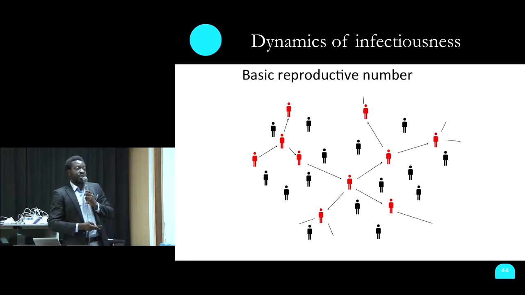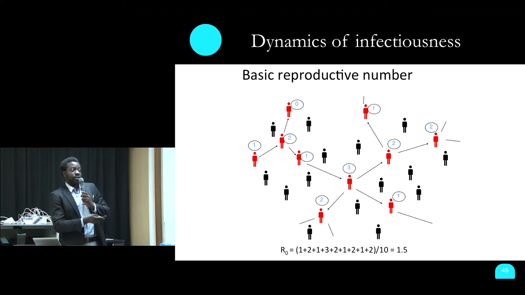How do we measure that? For example, here, let's assume that the primary case is this one. He transmitted the infection to only 1 person. Here, the secondary case could transmit to 2 people, so he has 2.